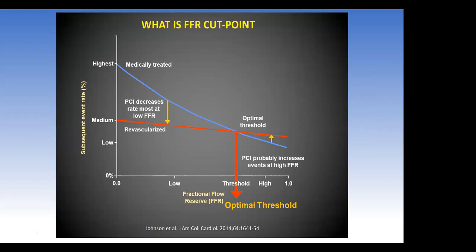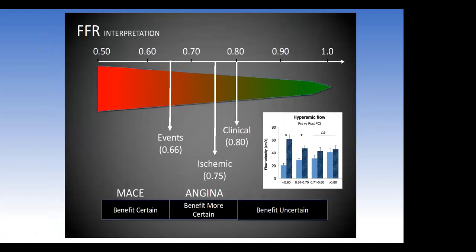Is there an optimal threshold? Optimal threshold is the one where intervening on the vessel above that threshold makes the patient worse, and intervening below that threshold actually makes the patient better. We have for FFR the ischemic threshold, when the lesion causes ischemia, of 0.75. Clinical outcome based on FAME trials is if it's less than 0.8.